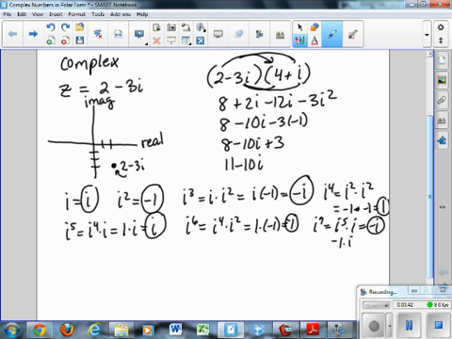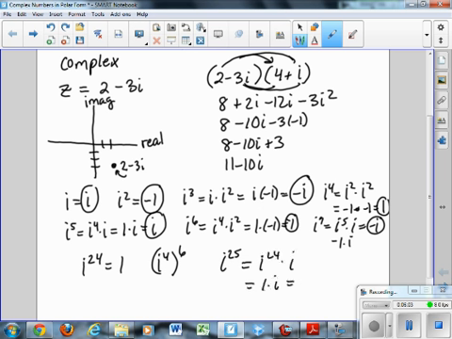So all you have to do is look for some power that is a multiple of 4. So for example, if I have i to the 24th, that's going to just be 1 because that's i to the 4th to the 6th power, which is 1 to the 6th. If I have i to the 25th, it's going to be i to the 24th times i, which is 1 times i, or just i.